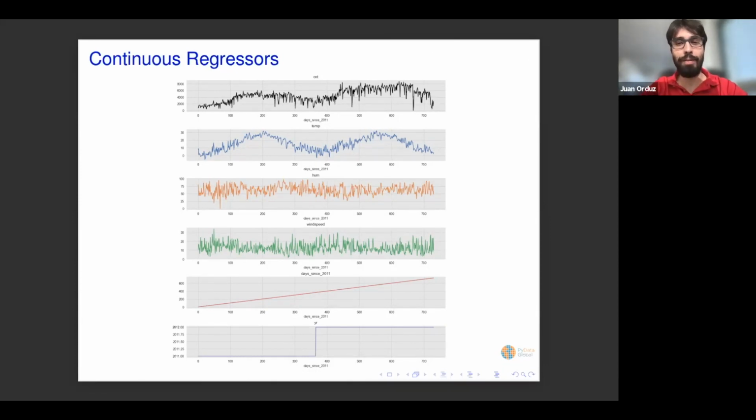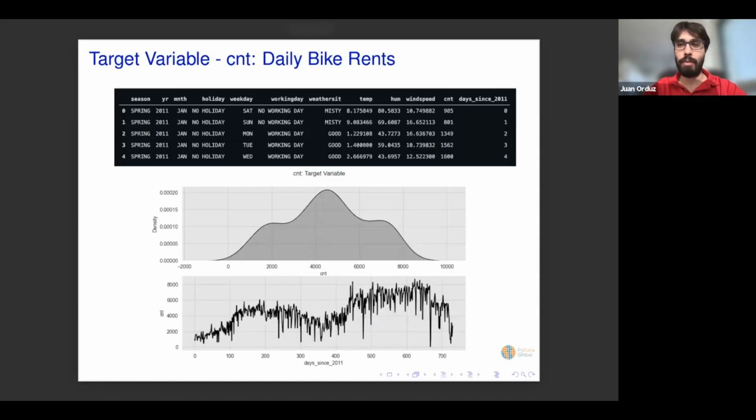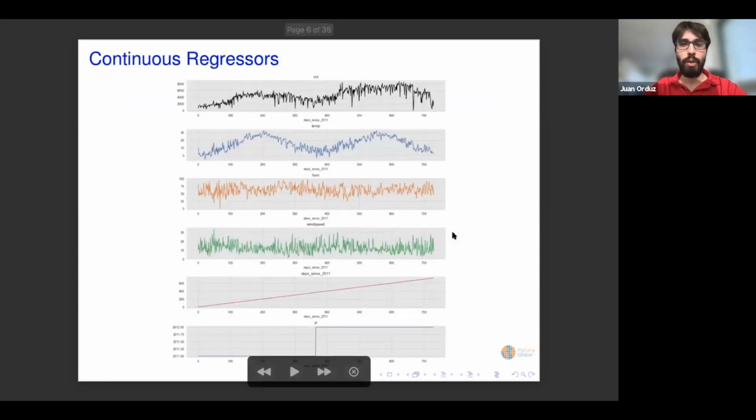Something that I actually forgot to mention is that in our data set, let me go back, we also have a variable called days since 2011, which is essentially a growing variable. It's a linear trend. Humidity and wind speed, although they don't have a trend, could potentially explain the fluctuations within each week.